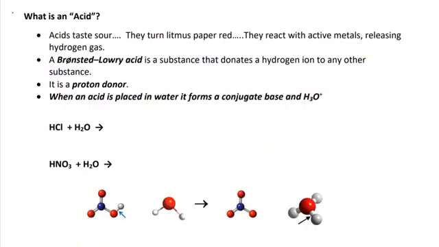All right, so when we look at acids, what's an acid? When an acid is placed in water, it forms a conjugate base and H3O plus, the hydronium ion. One real common feature to be able to recognize acids is if the compound starts with an H. That is a pretty distinct feature.